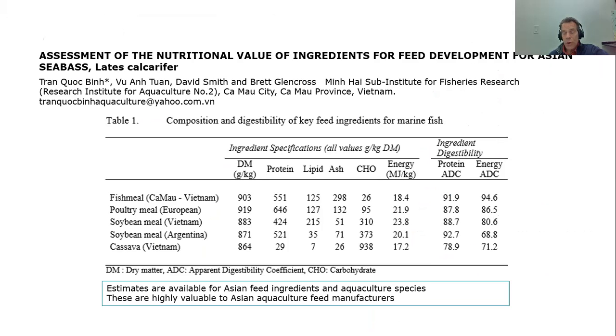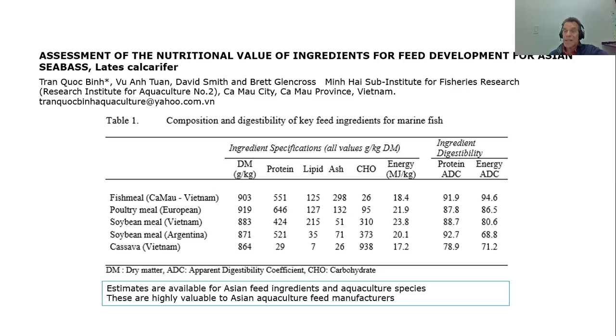I do a fair amount of work in Asia, in Vietnam, and I like this research here by the groups of researchers in Cà province in Vietnam with the support of David Smith and Brett Lencross from Australia at that time. And you can see they measured the apparent digestibility of protein and energy of 5 different important commercial ingredients used in Vietnam.